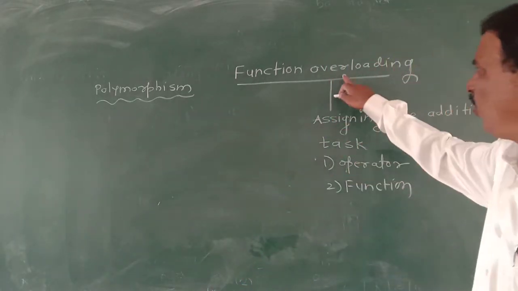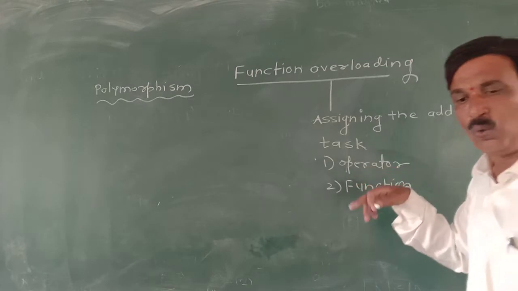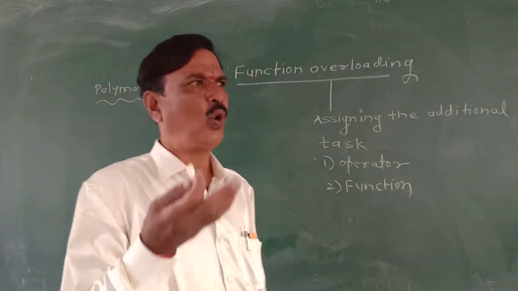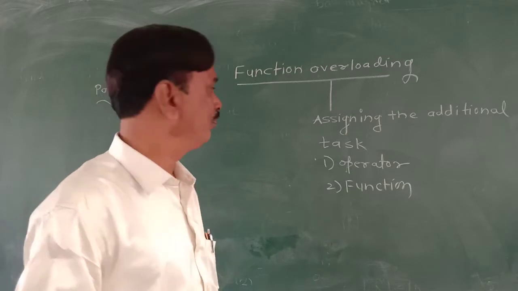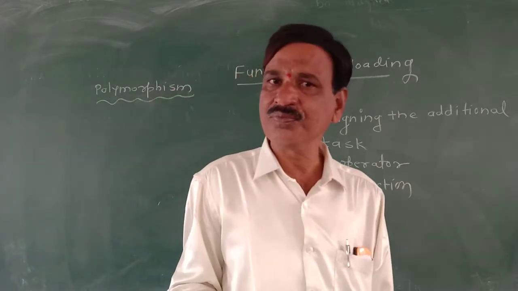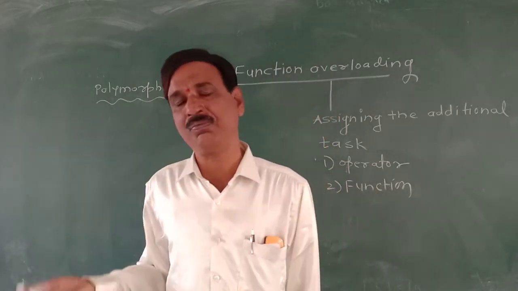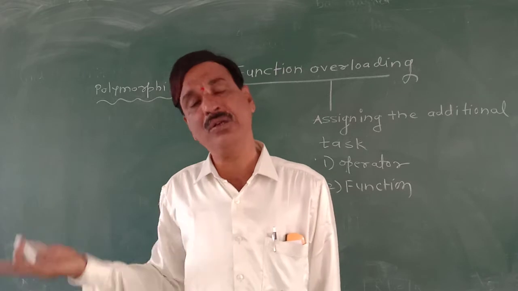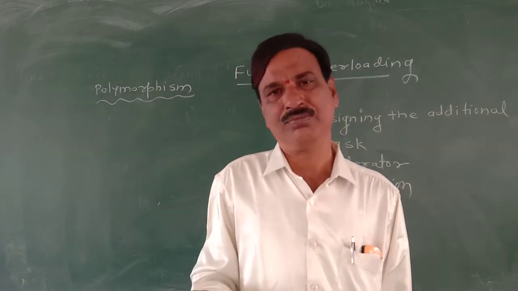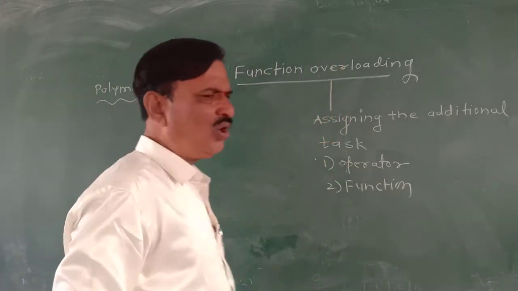So overloading stands for assigning the additional task. We can assign the additional task to the operator or to the functions. Once the additional task is assigned, it gets a new meaning, and hence one name and multiple forms, that is called polymorphism.